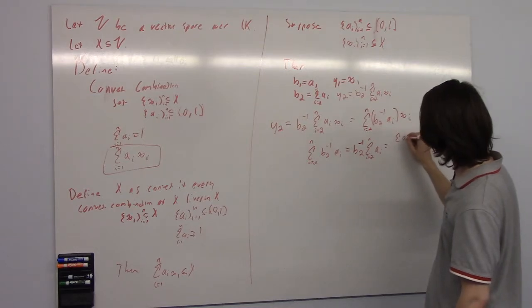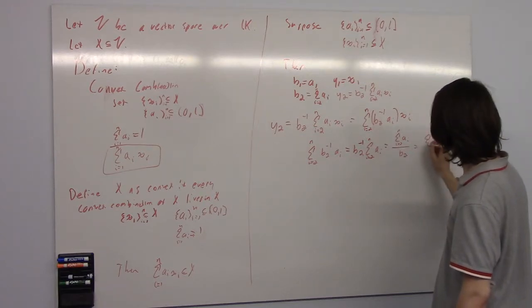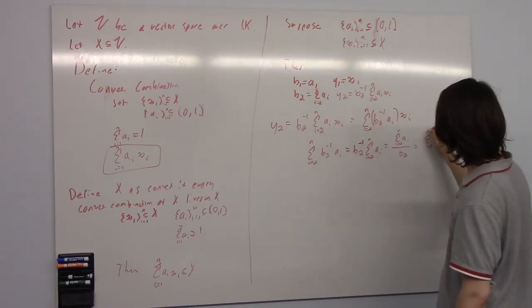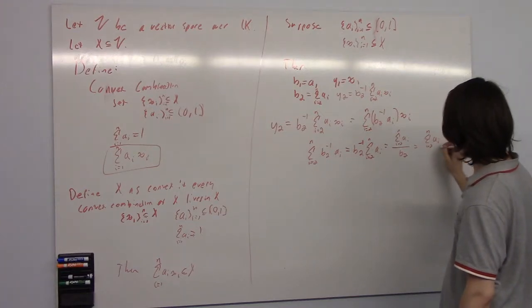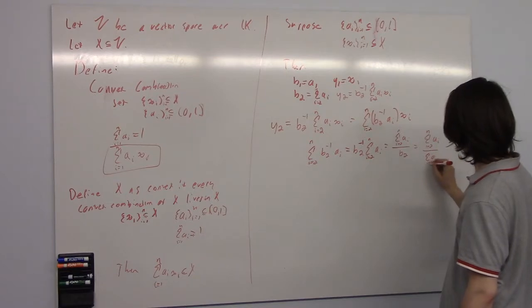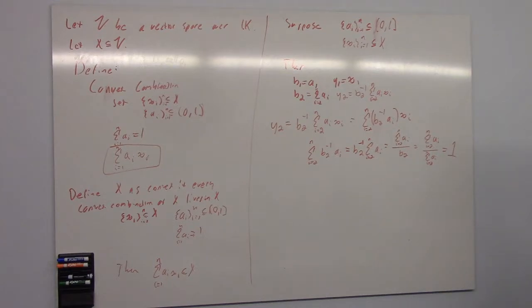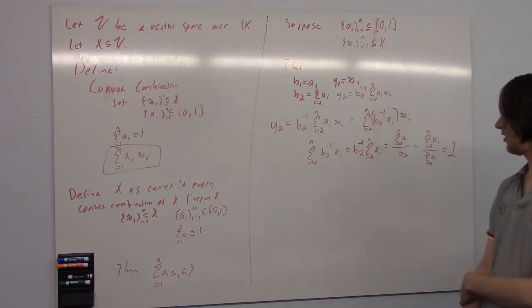This is the sum of ai, i equals 2 to n, over b2, which is the sum from i equals 2 to n of ai over the sum of ai, i equals 2 to n. That's just one. So y2 is a convex combination of elements in X. So, if X is convex, y2 is also in X.